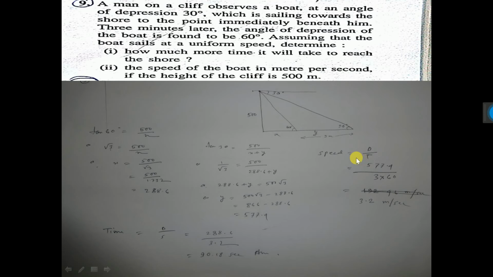If you take y distance, we got this, put the value, by time is 3 minutes. Now 3 minutes means 3 into 60. So it will be 3.2 meters per second. Now time equal to distance by speed, you put the value and get the time. So this is the answer.